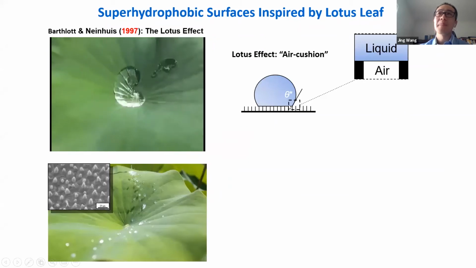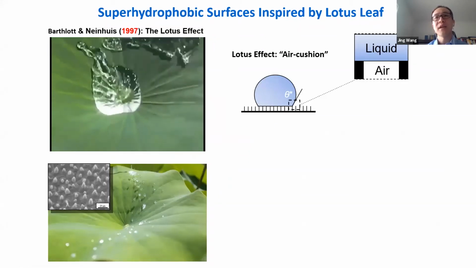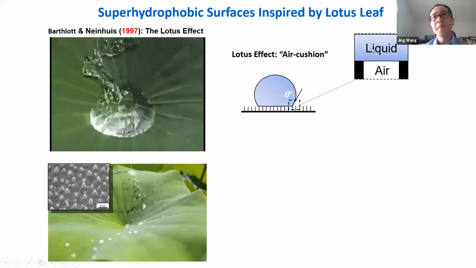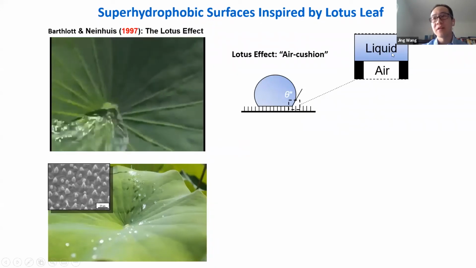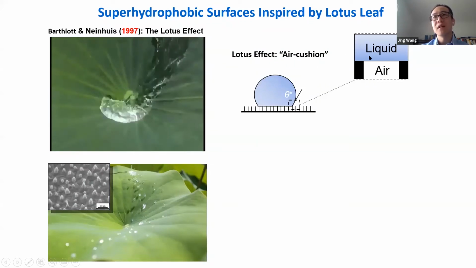These nanostructures greatly reduce the contact between the liquid and solid and replace it with a liquid-air interface. So at this liquid, air, and solid three-phase composite interface, the friction and adhesion are greatly reduced.